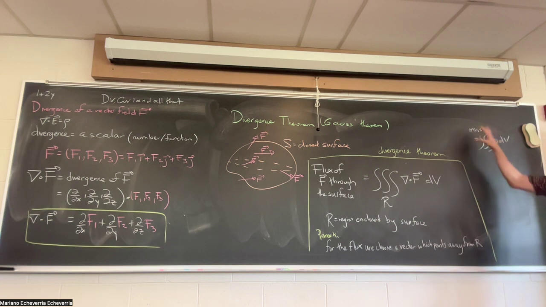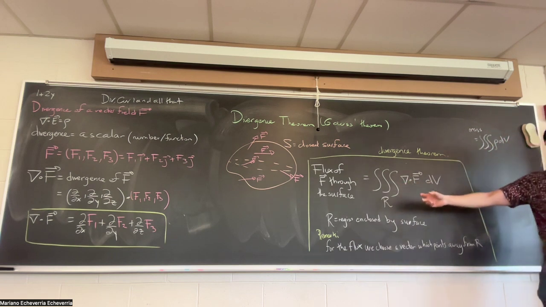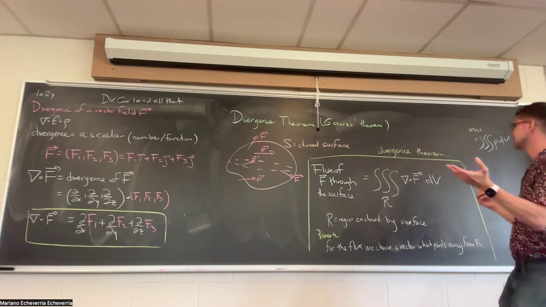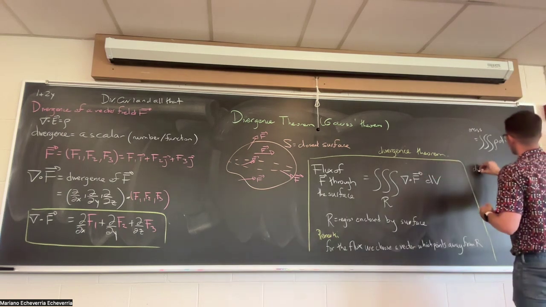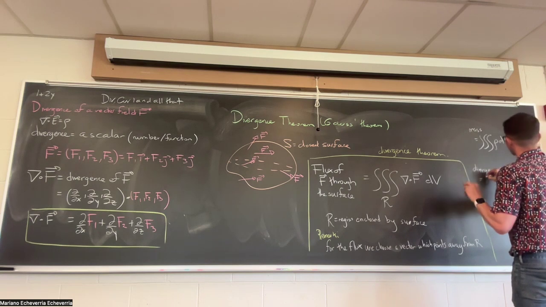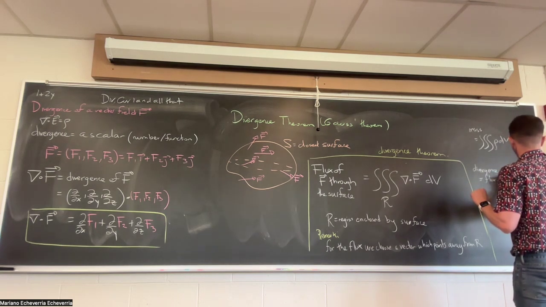But here, instead of mass, you're putting flux. You're saying that flux is a triple integral of the divergence. So the divergence has to be some sort of flux per unit volume, if that makes sense. Because of this theorem, you can think about the divergence somehow as flux per unit volume, if you like.